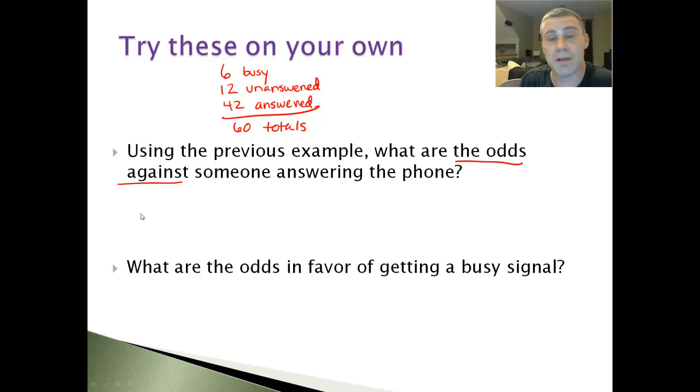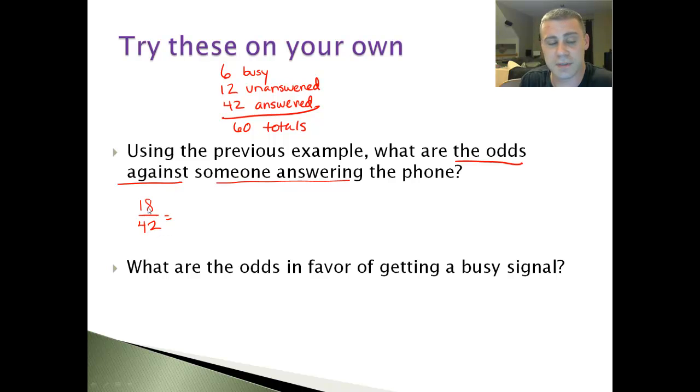Okay, now you may have noticed that this one is similar to the last problem, in the sense that you've got 42 in the problem because we're looking for someone answering the phone, but we're looking for the odds against that. So if the odds for were 42 over 18, the odds against would be 18 over 42.